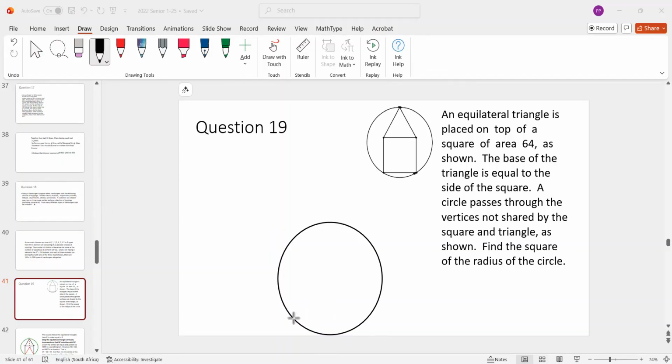If you draw a circle, oh, it's not coming right. Let me, I think I have to put it a little bit lower.